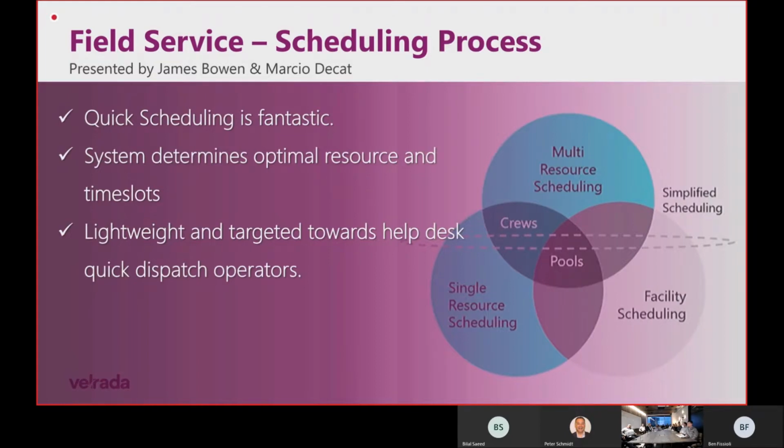Other topics that they covered were around optimal resource and time slots. If I've got lots of crews that operate in shifts, it works out the optimal shift for that particular crew. And if I have a member who belongs to multiple crews, so I might work in crew A and crew C and cross over for 4 hours of my shift, this can work that out as well.